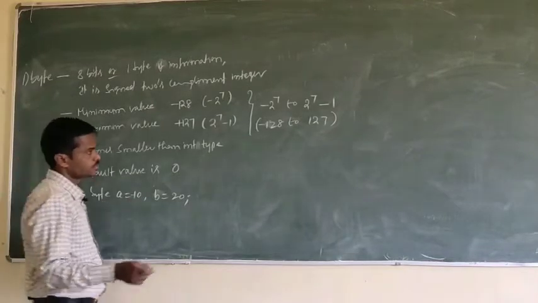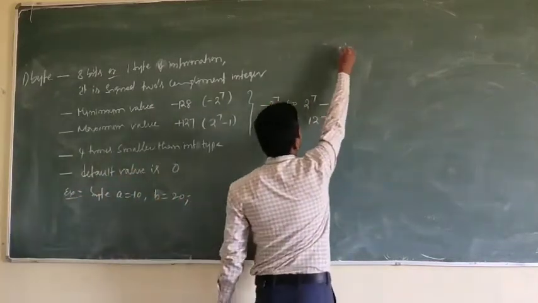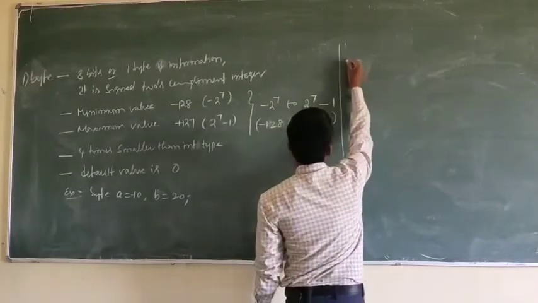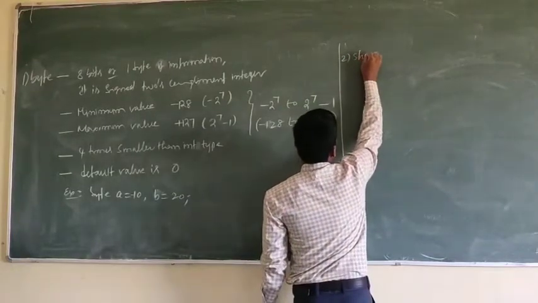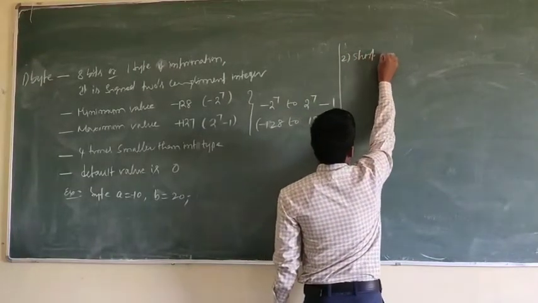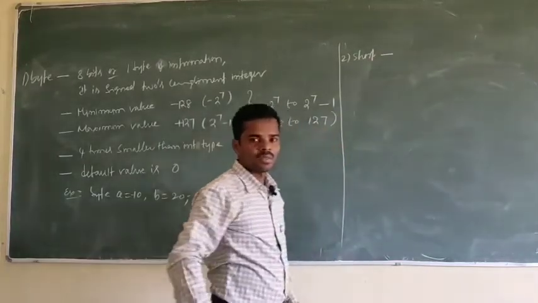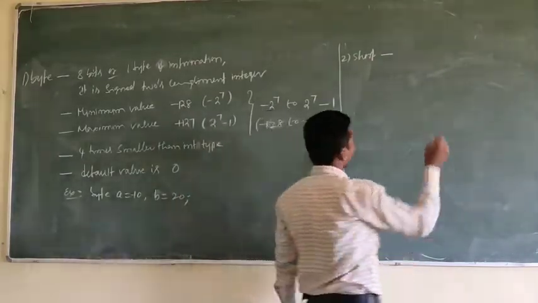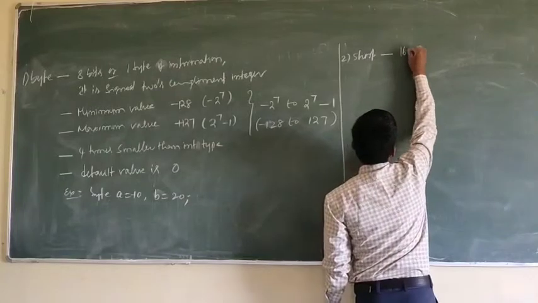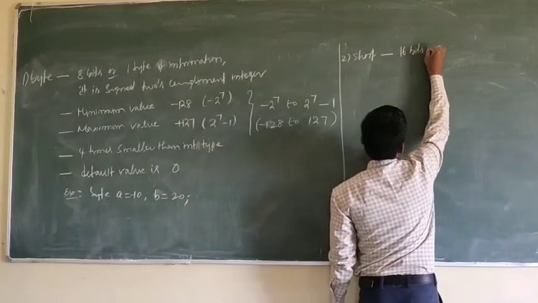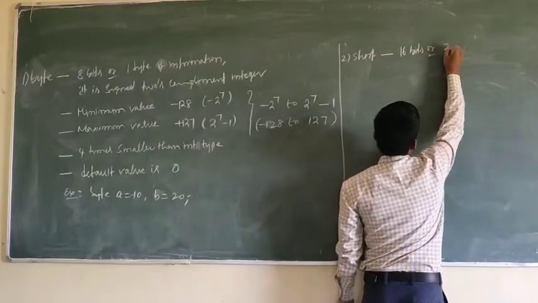Okay, next, short type. Another one, short. The size of short data type is 16 bits, or 2 bytes.